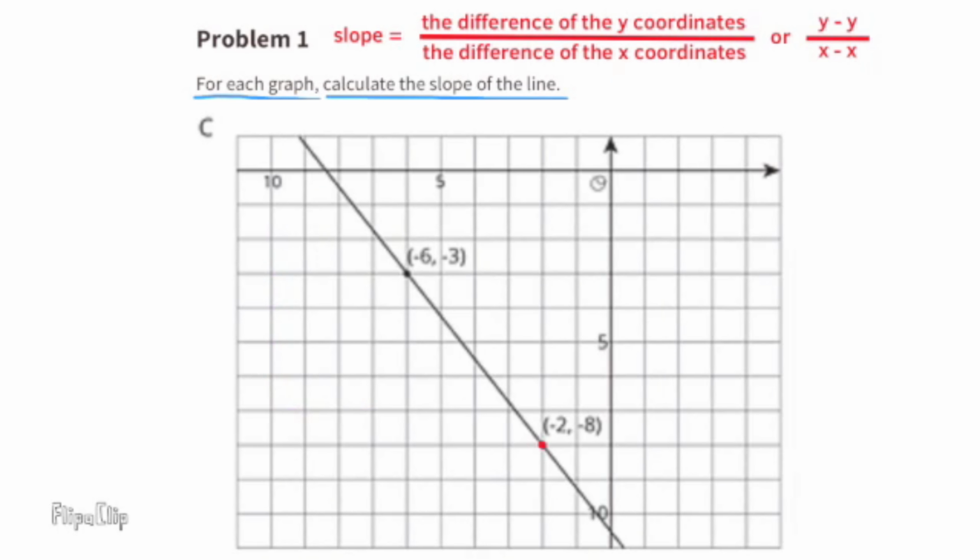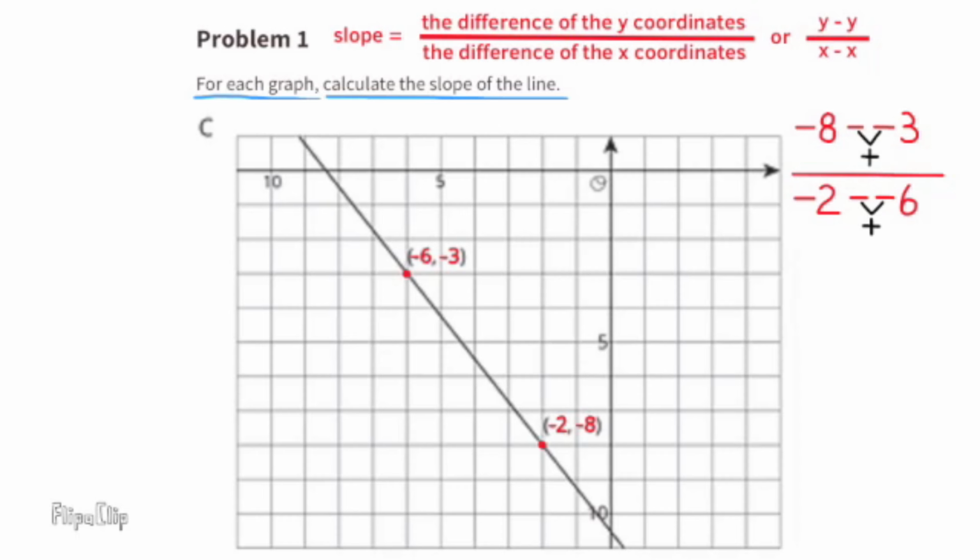Graph C, let's put a point at coordinates -2 and -8, and let's put a point at coordinates -6, -3. Y minus y, that would be -8 minus a -3. X minus x, that would be -2 minus a -6.